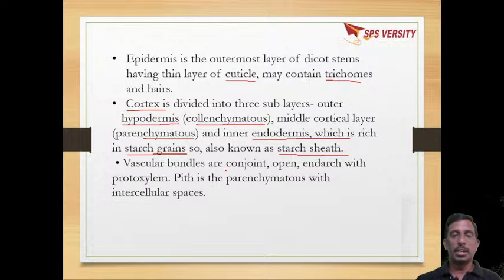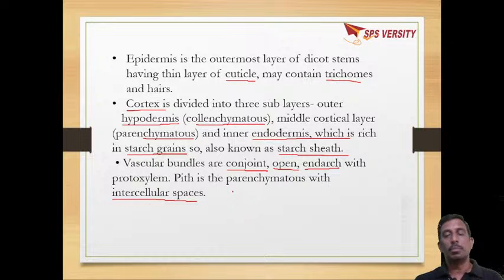Vascular bundles are conjoint, xylem and phloem are present on same radius. Between xylem and phloem cambium रहता, in dark condition. Pith which is present, it is parenchymatous. और vascular bundles के बीच में रहने वाली इसको क्या बोलते हैं कि medullary rays.